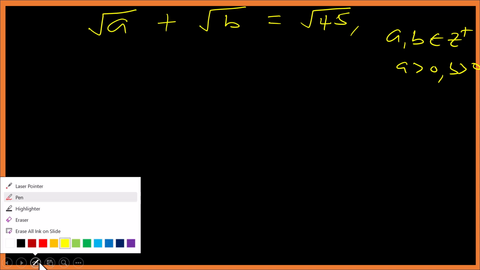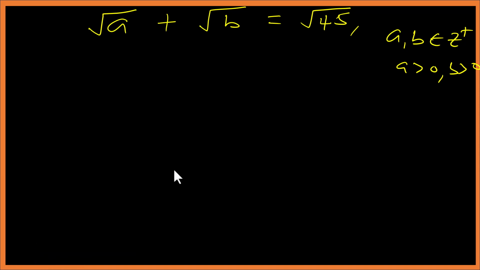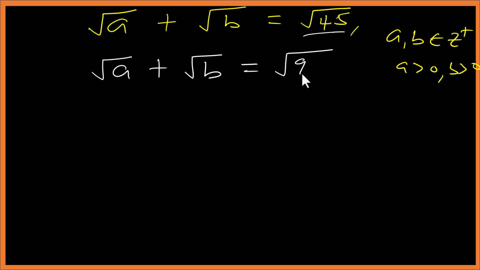Now what we are going to do here is very simple. We are going to write this one as, so we have square root of a plus square root of b, equals square root of 45. 45 is the same as 9 times 5.